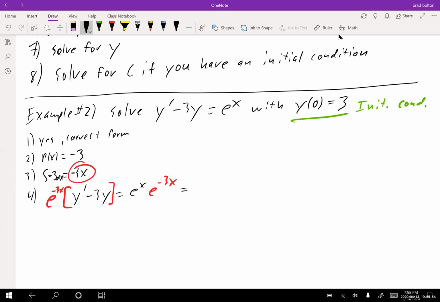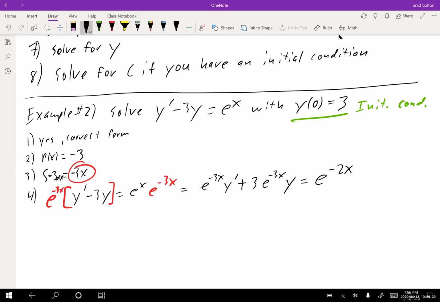So let's clean this up. So this will be e to the -3x y prime minus e to the -3x. Ooh, let's fix this a little. If we distribute that, this will be plus 3 e to the -3x y, and this would become e to the -2x when we clean this up.